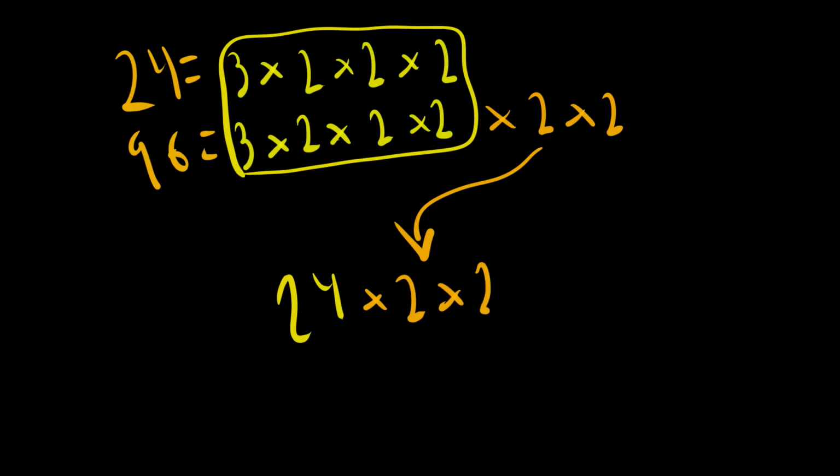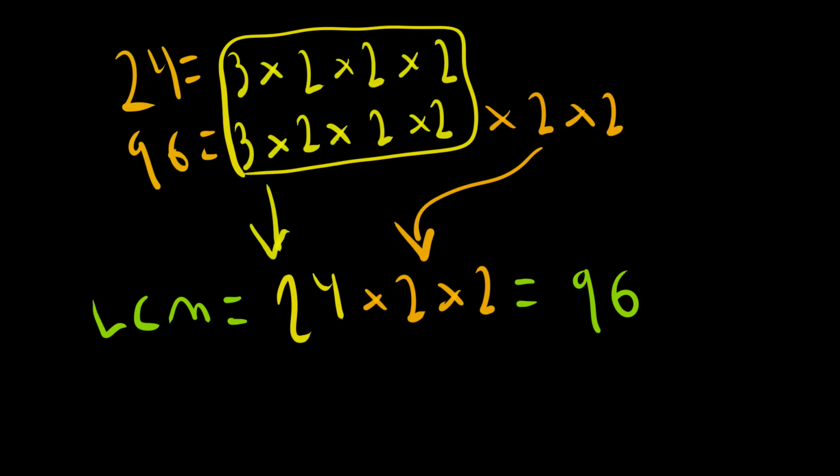We use them to find the least common multiple of 24 and 96, which is 96. And how does this work? How does finding the least common multiple of 24 and 96 work? We have to first take their greatest common factor and then take the remaining factors that were left off from the grouping.